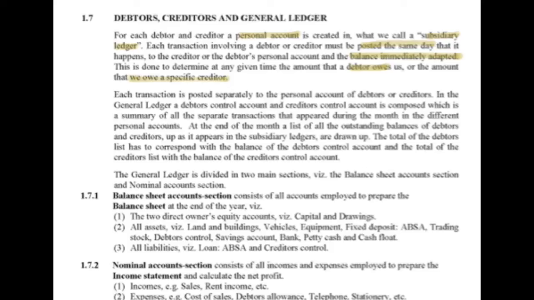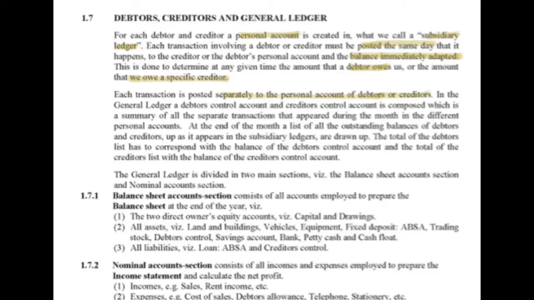In other words, if a debtor comes into the shop any day, any time, we must be able to say on that day what amount he owes us. So it can't be done once a month, it has to be done daily, as soon as possible after the transaction happened. Each transaction is then posted separately to the personal account of the debtors or creditors.